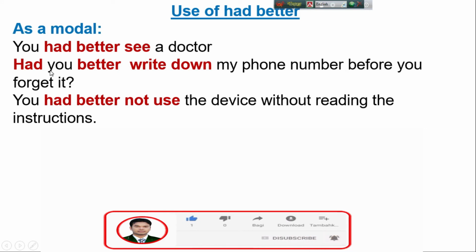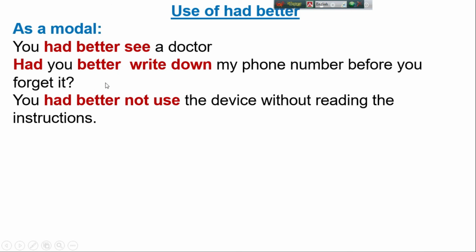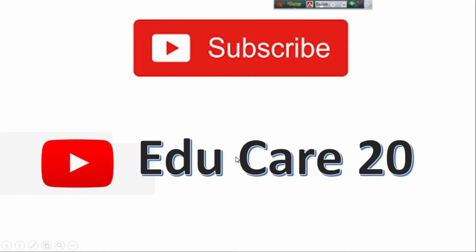Here had better is the auxiliary verb and it is the interrogative sentence, and here write down is the main verb and had better helps the main verb to make it interrogative. You had better not use the device without reading the instruction. Here also had better is the modal auxiliary verb and with not it makes a negative sentence.